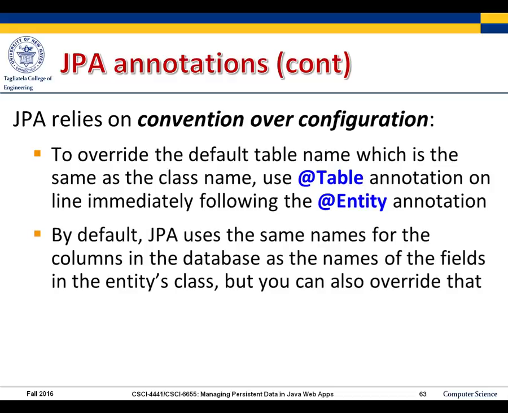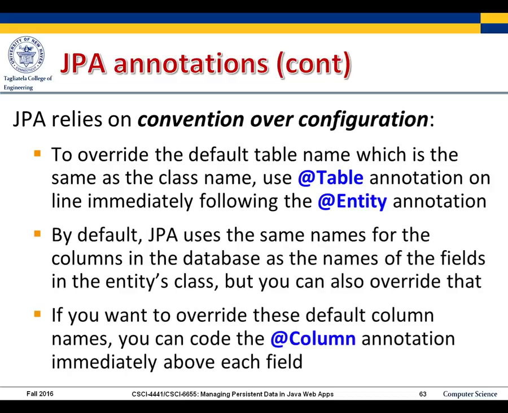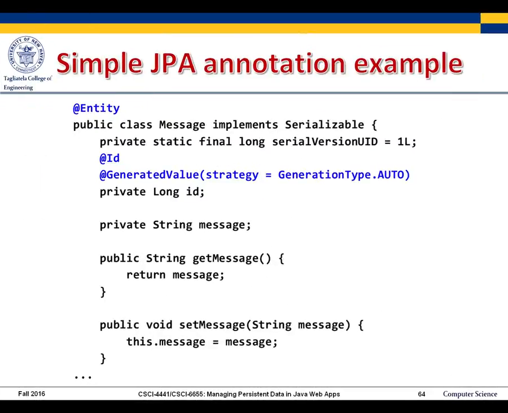Likewise with the columns, okay? If you want to override those, then you would say @Column and give it a name. Otherwise, it will use the name of the property or the field to define the columns. So again, convention over configuration. If you're happy with it, then don't futz with it.